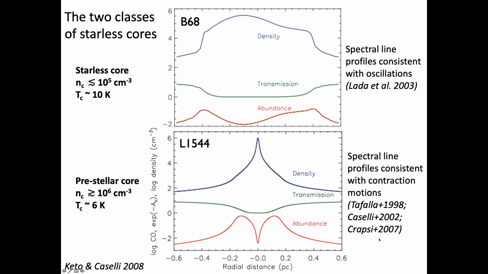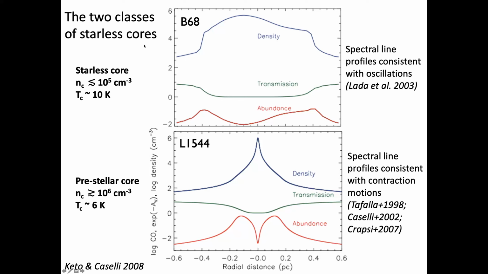So in our studies in the first decade of the 2000s with Eric Ito, we studied this sample of starless cores. And it was obvious that you can divide the population of the starless cores into two main categories.